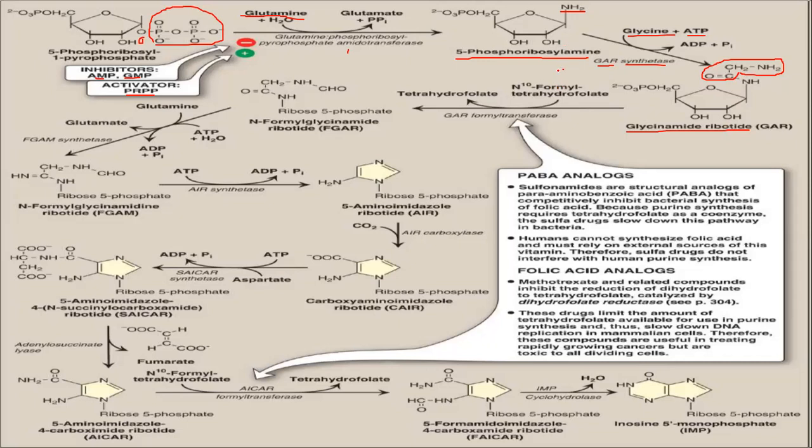Let me draw you a formyl group, a carbon there, a hydrogen there. Then to this carbon, you have a double bond to oxygen. That is a formyl group, and it is attached to tetrahydrofolate. This group is attached to this amine group there.